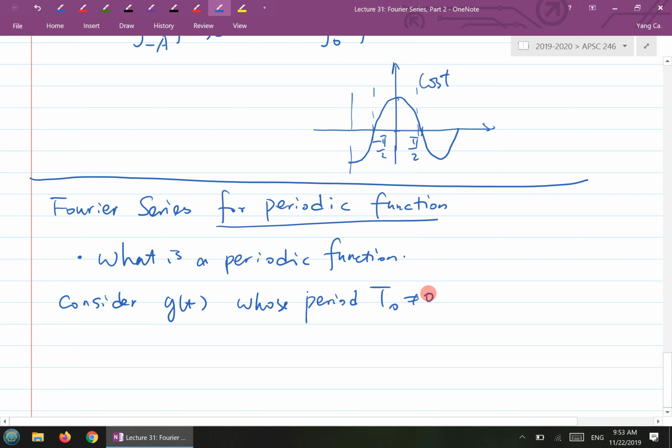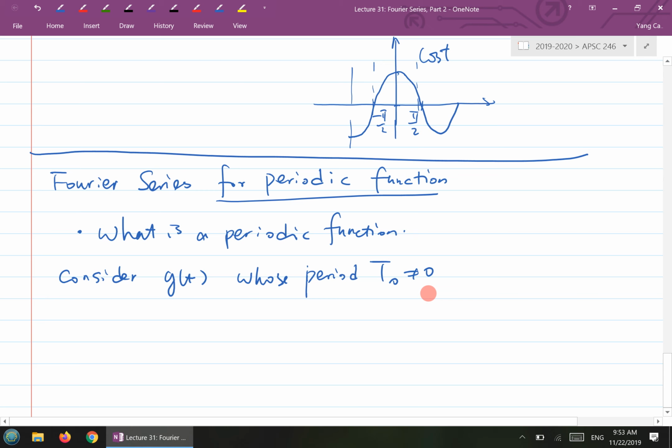It can be any number, and the period can start from zero or even from somewhere else. That's fine. One property you have to know is that if this is a periodic function, then g of t will not change when you shift it by t naught. That's basically the nature of a periodic function.